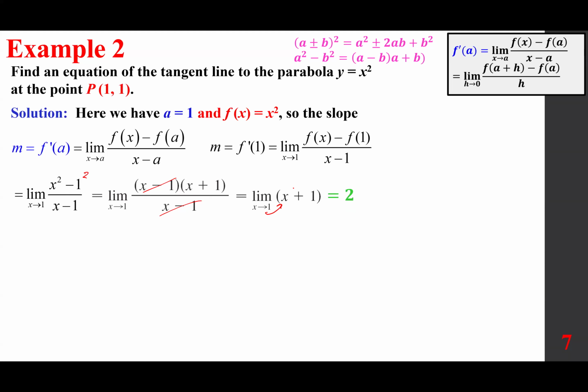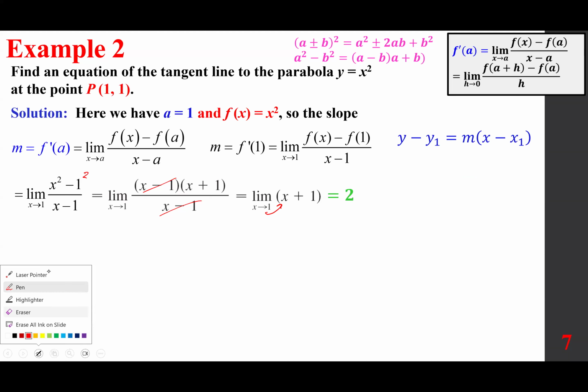Practically, we are done, because now y minus y1 equals m times x minus x1. And all you have to do, plug in, and you're fine. Which means y minus 1 equals 2 times x minus 1.